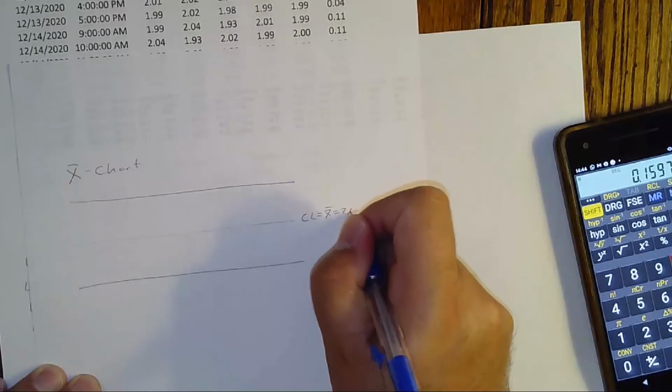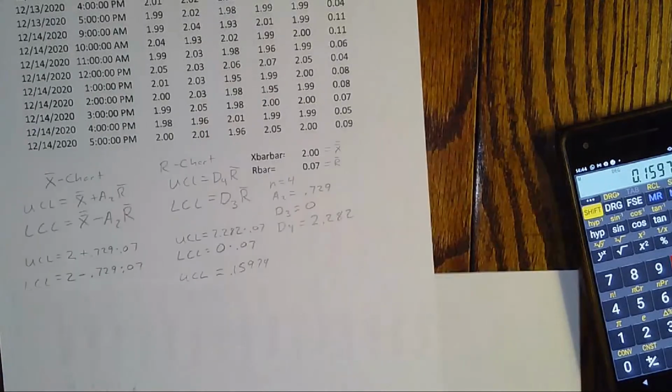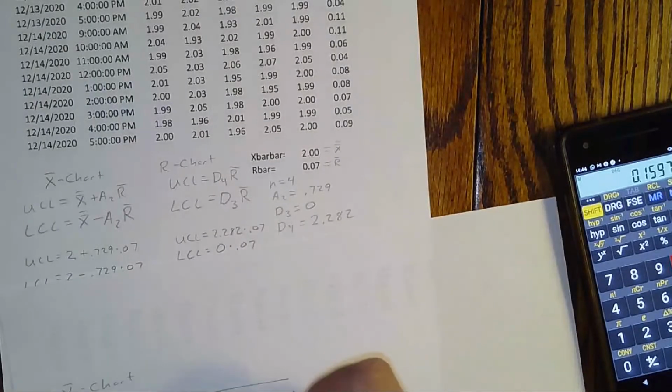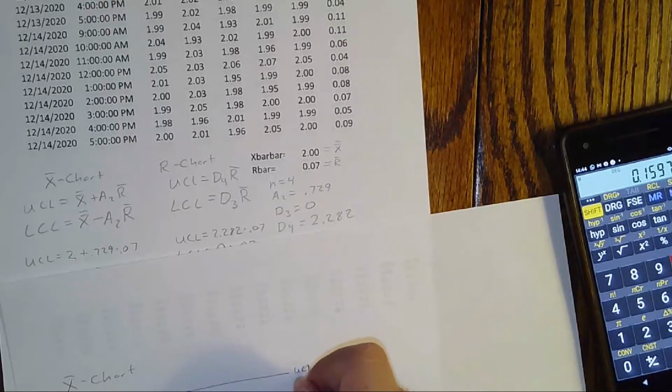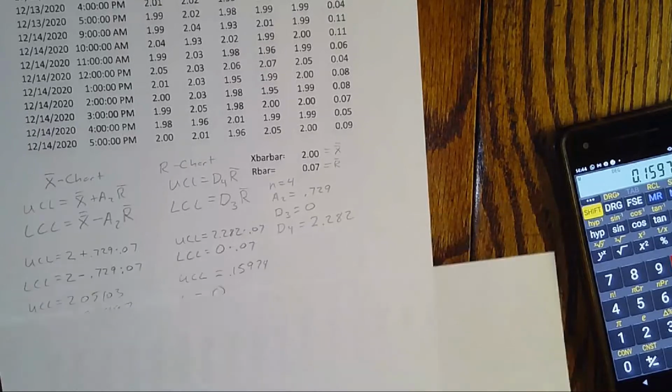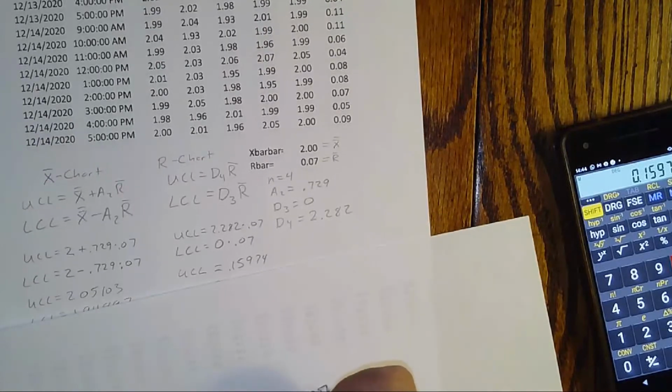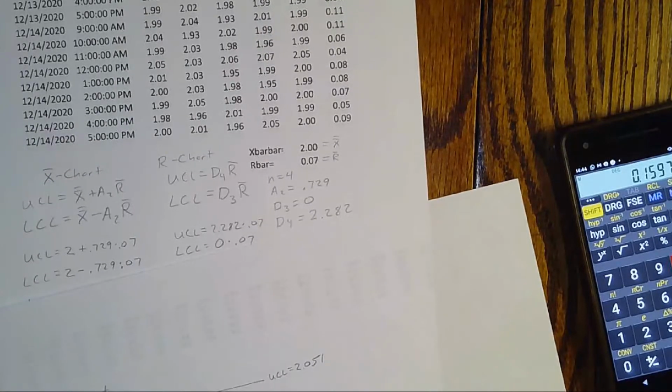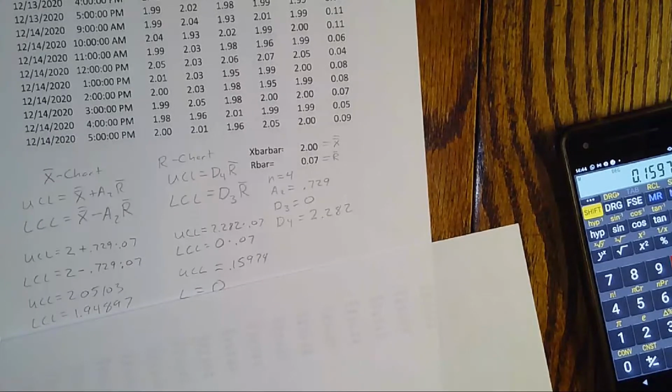which was 2.00. My upper control limit was 2.051. And my lower control limit was 1.949.